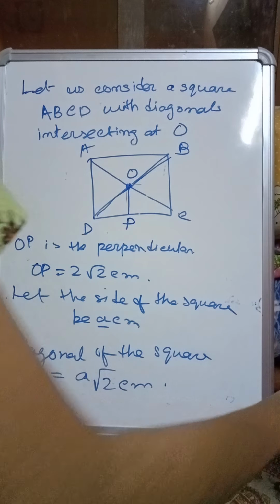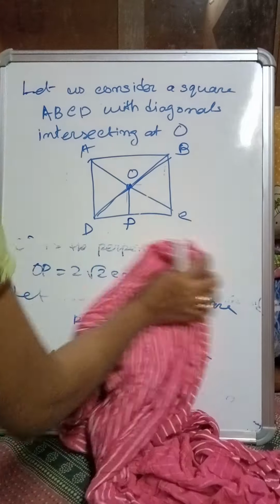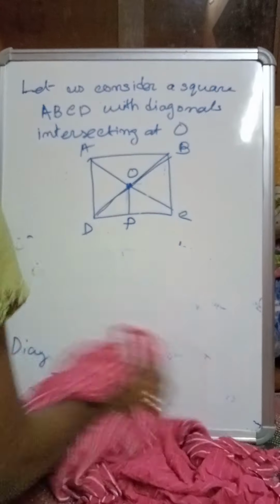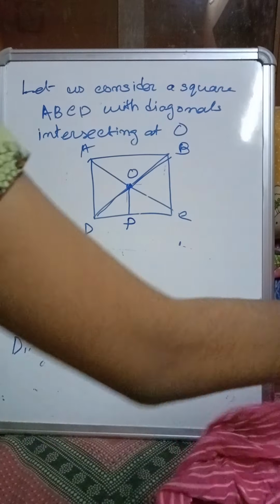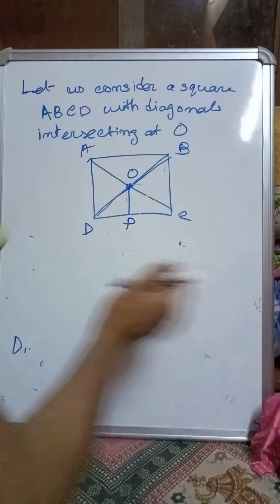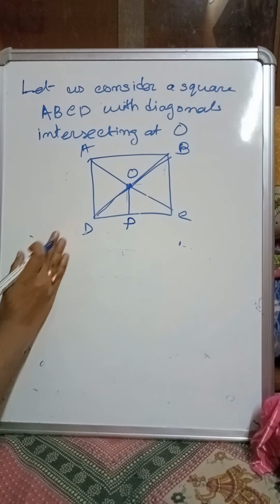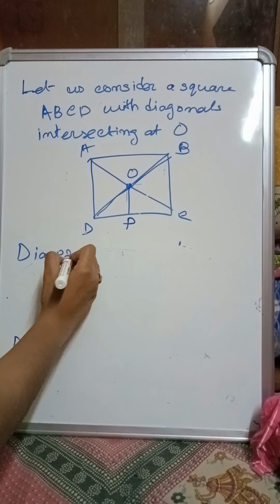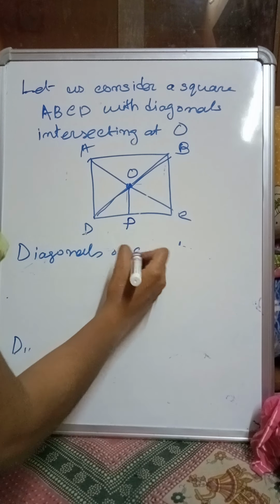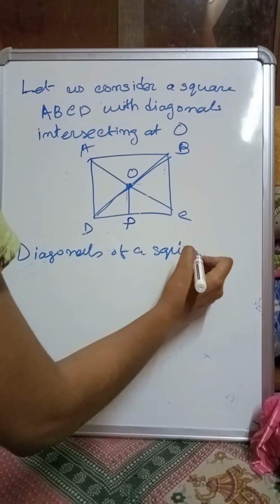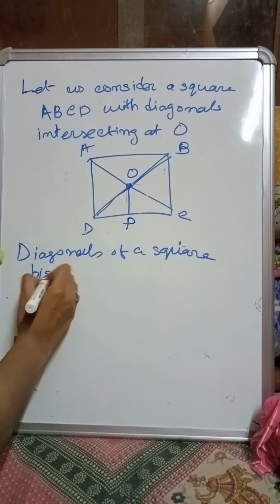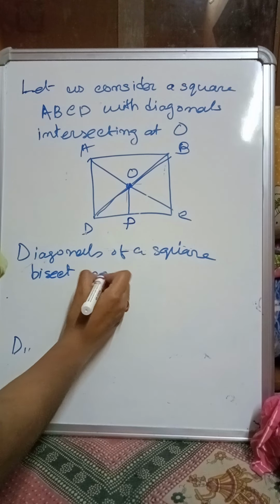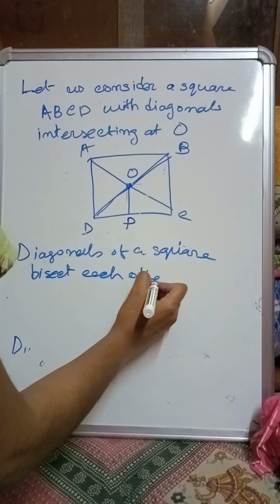Okay, I am rubbing this down portion. So if it is so, we can write, diagonals of a square bisect each other.